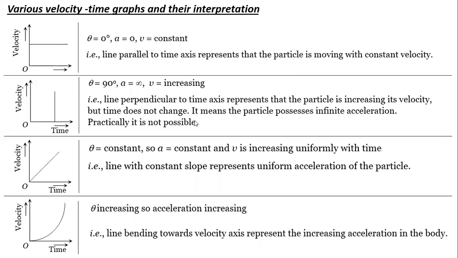Nishtha, the fourth can be called non-uniform increasing acceleration. Yeah, it's non-uniform acceleration, so you call it only non-uniform acceleration. In brackets, you can say it is increasing, because the word non-uniformly increasing indicates we cannot comment whether it is uniformly or non-uniformly increasing. So either you say non-uniform acceleration or you say increasing acceleration. Don't club both the words.